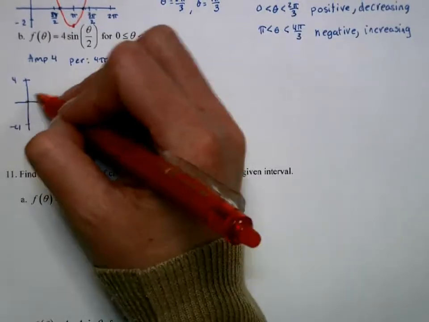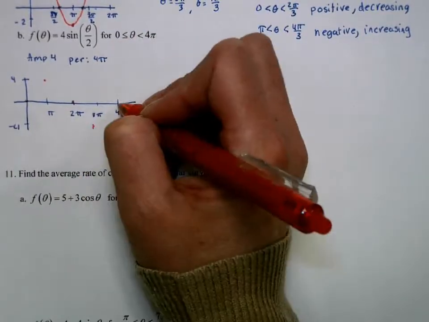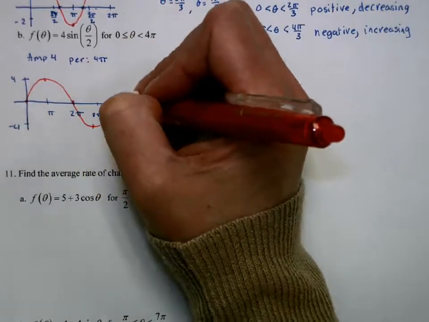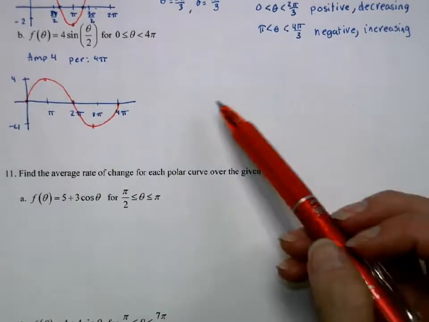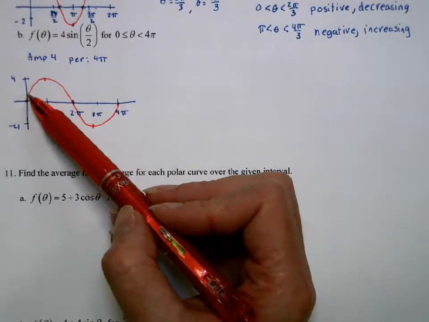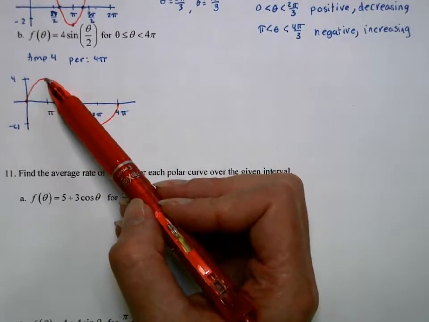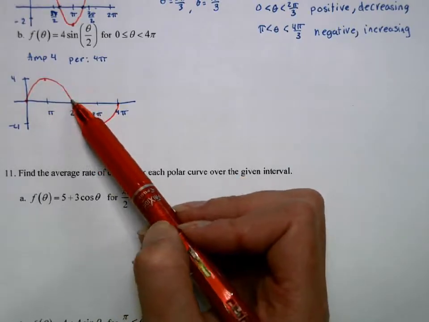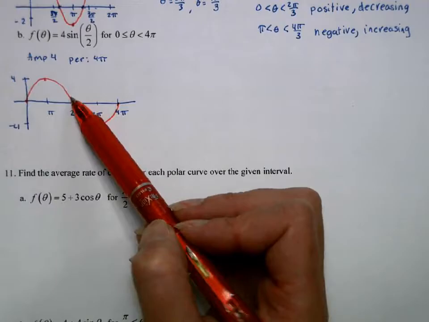Okay, so this one, I'm going to write all this out, but my graph is increasing and positive, so my distance is increasing here. My graph is positive and decreasing here, so our values are decreasing. Here we're negative and decreasing, which means my distance is increasing, and then we'll start going back, so my distance is decreasing.